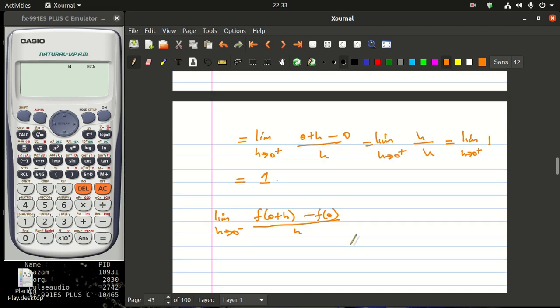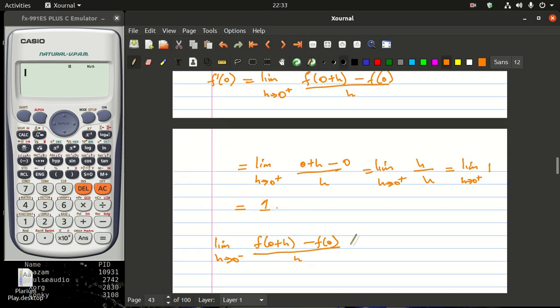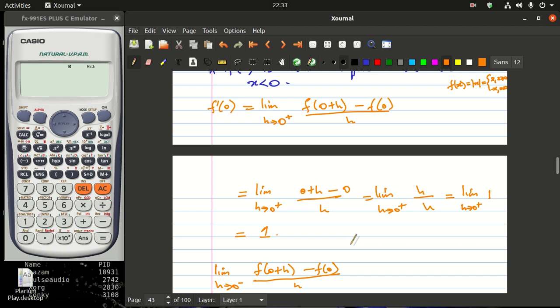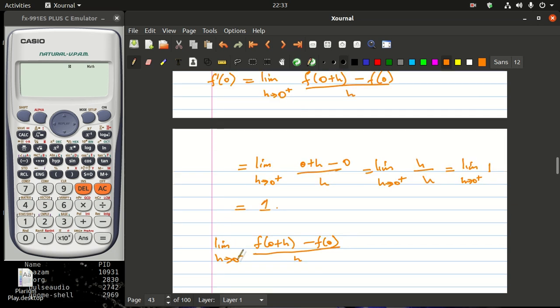So what is actually going to happen here is this. If I pick a value just on the left of 0, so h is just a value on the left of 0, it doesn't matter what that is, we know that on the left of 0 we have a negative value, so we end up having the limit as h approaches 0 on the left of this thing here.